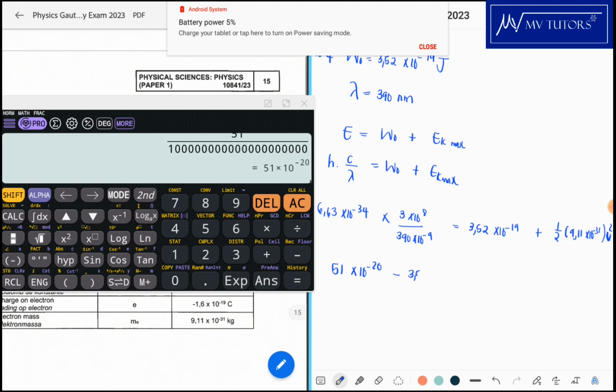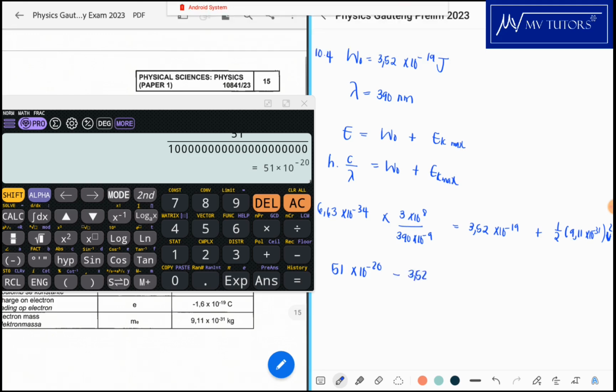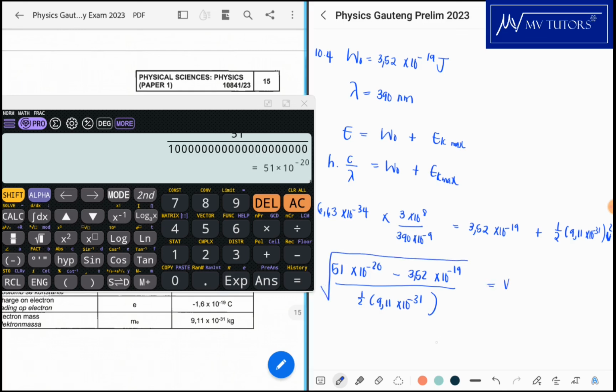Minus 3,52 times 10 to the power negative 19, and all of that is divided by a half times 9,11 times 10 to the negative 31, and we square root it to get the velocity.